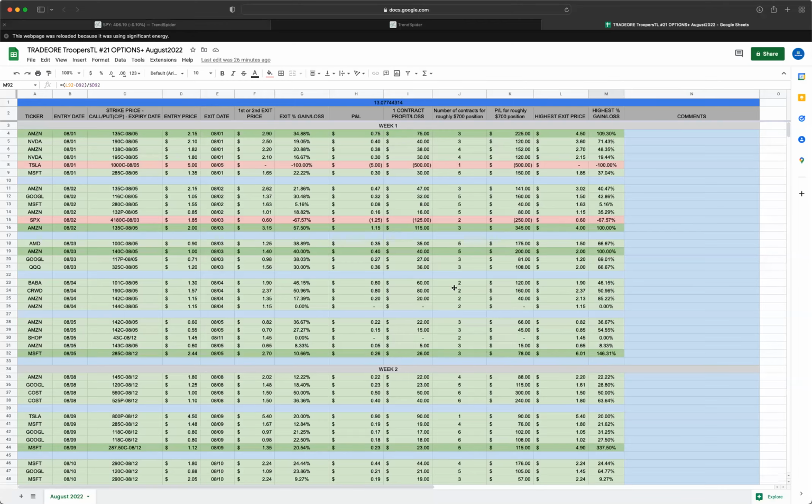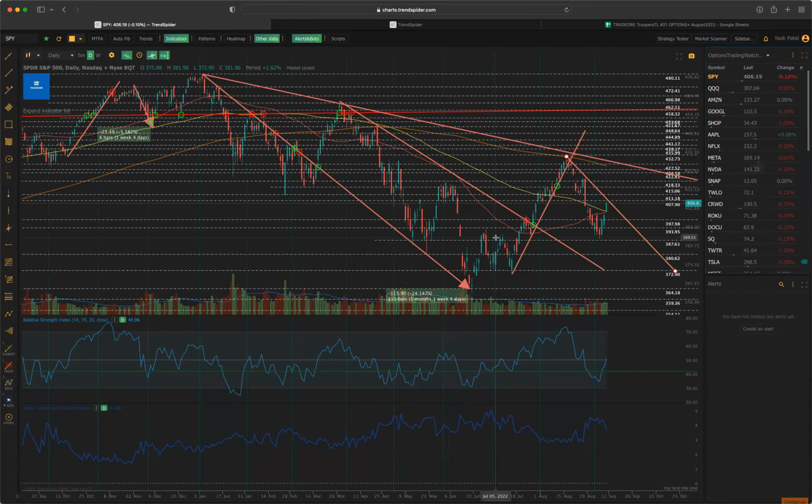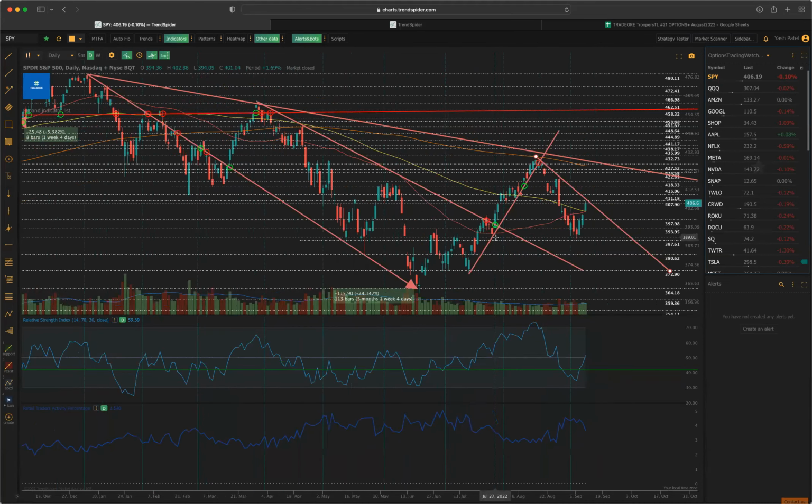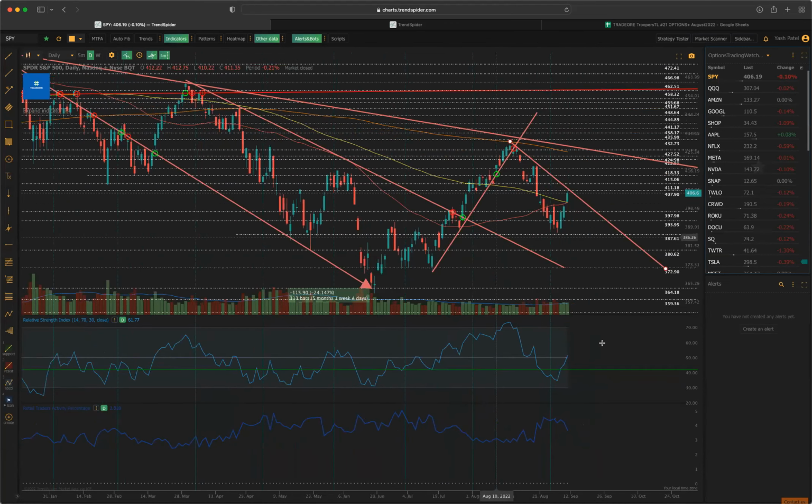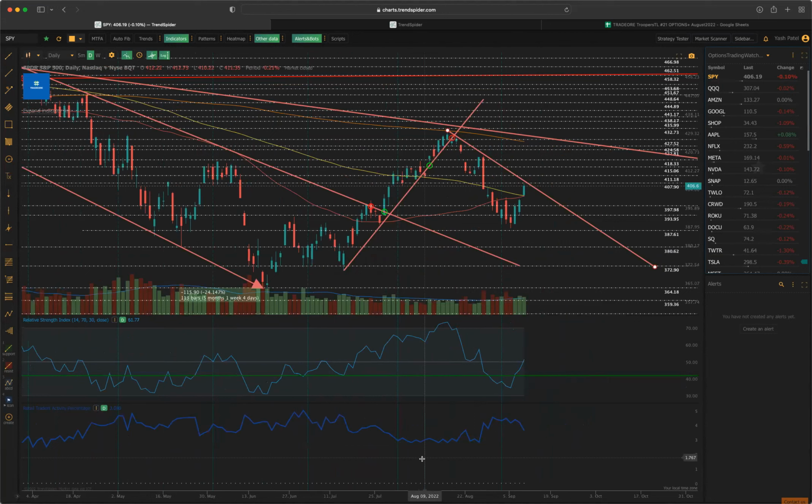Okay, so let's start here first. We are going to take a look at the overall picture for August and then go from there. August started about right here, as you can see. The first few weeks pretty much traded sideways.